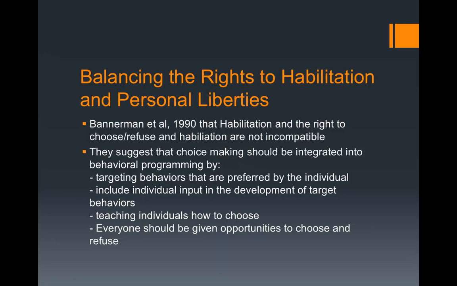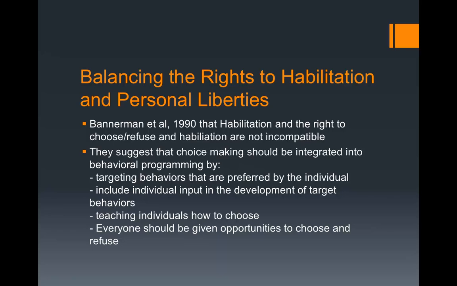It was happening everywhere this way, but it's still happening in places, that in the pursuit of effective programming, many behavioral people exercise a great deal of control over the lives of clients with developmental disabilities.